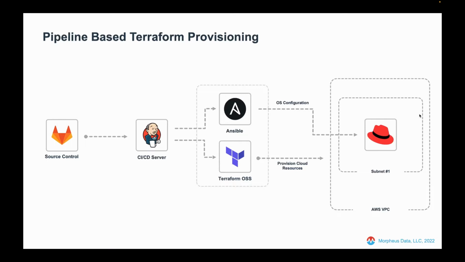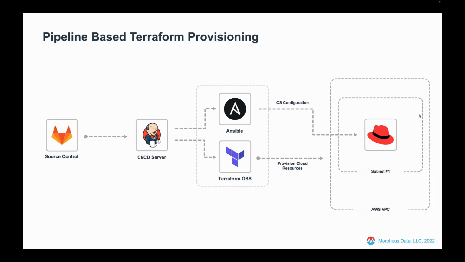Source control is the trigger by which a pipeline is started. That feeds into the CI/CD pipeline, which pulls down the code from the Git repository and proceeds to execute the various tasks associated with deploying the infrastructure.